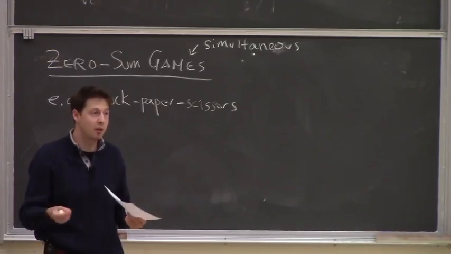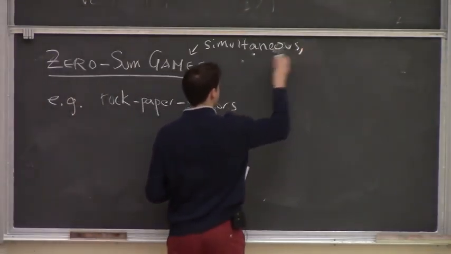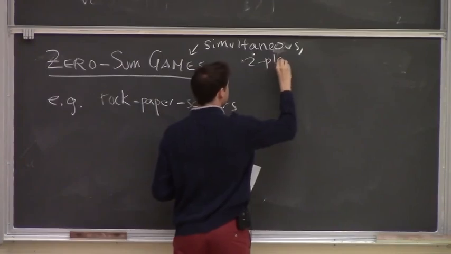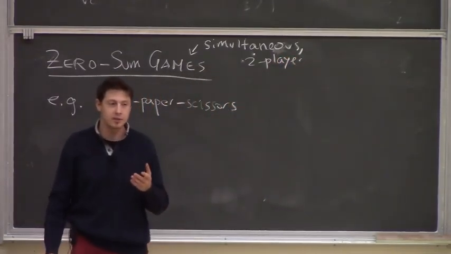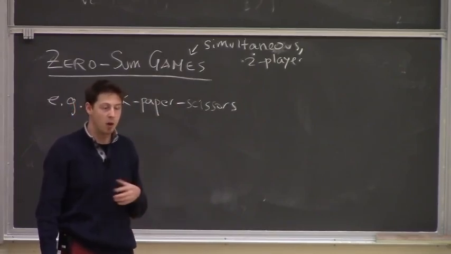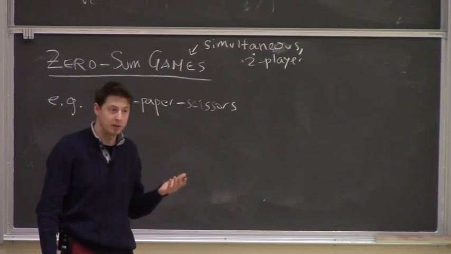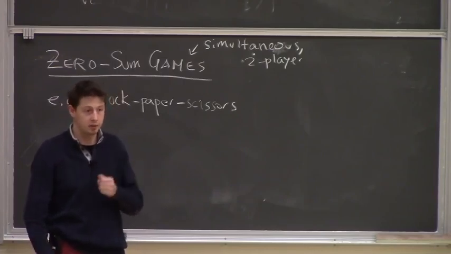But if we have just 2 players, like today, then you can describe what the 2 players end up doing as a matrix. Every row will be what the row player does, and every column will be what the column player does, according to their strategies.